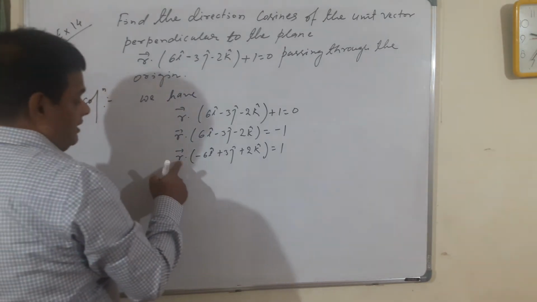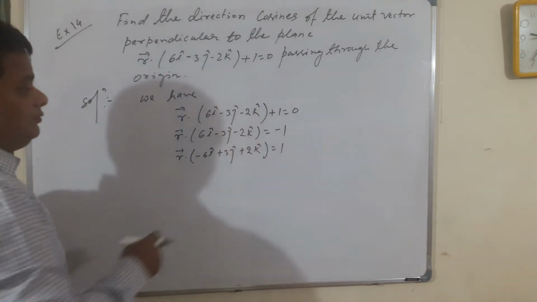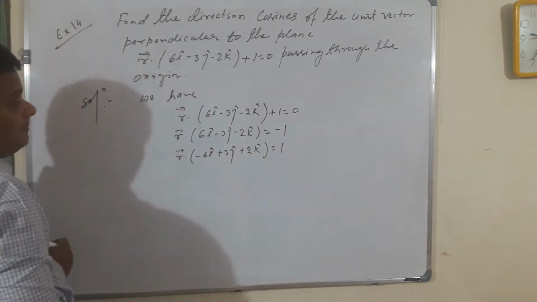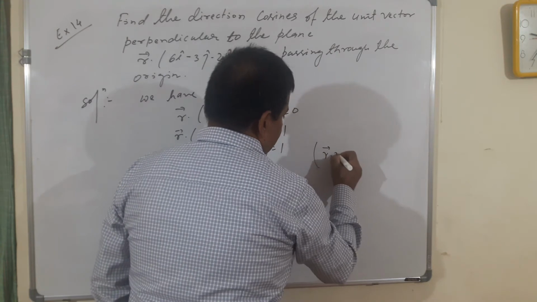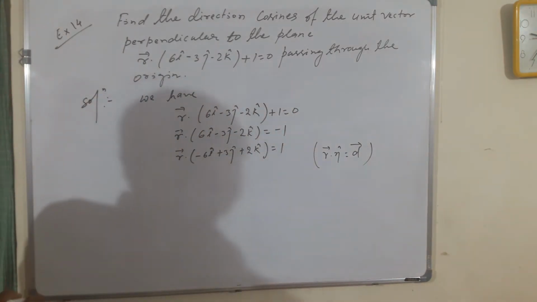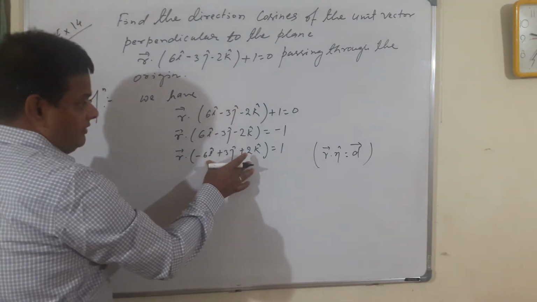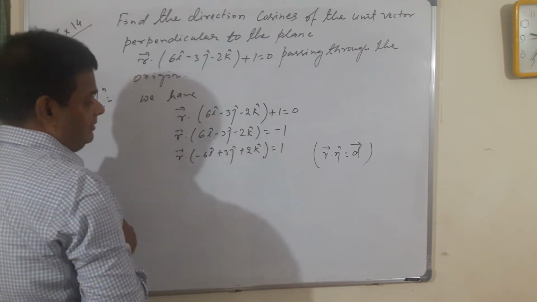So this is vector r dot vector n is equal to 1. Now because our formula for the plane needs a unit vector, convert this vector n to unit vector n.